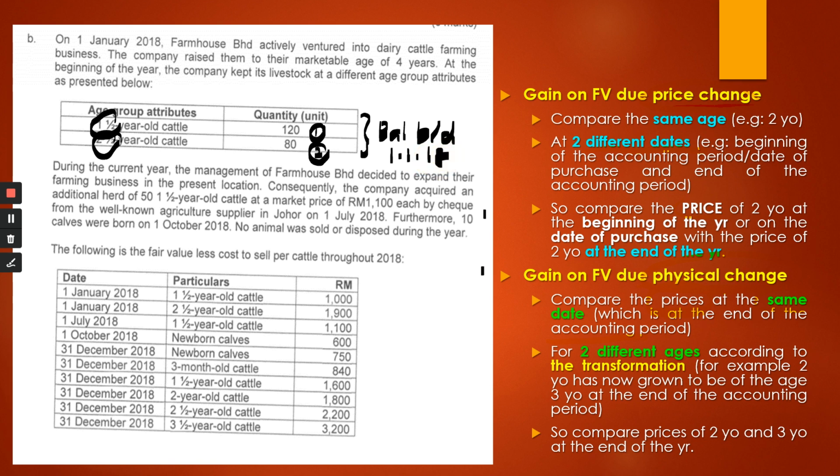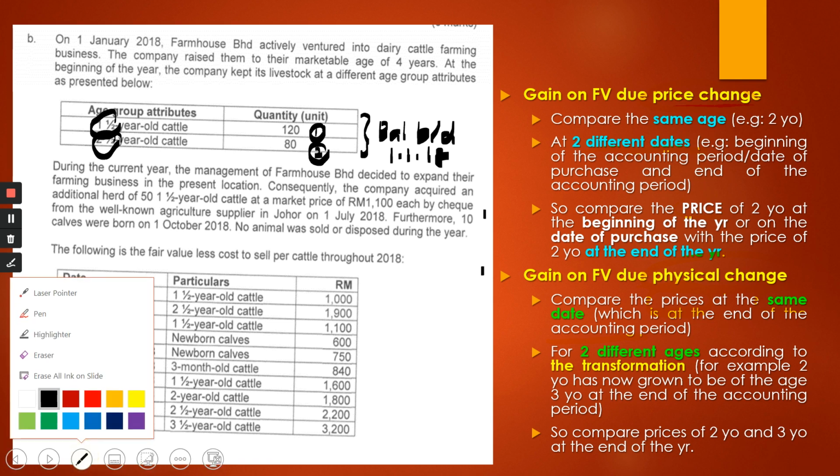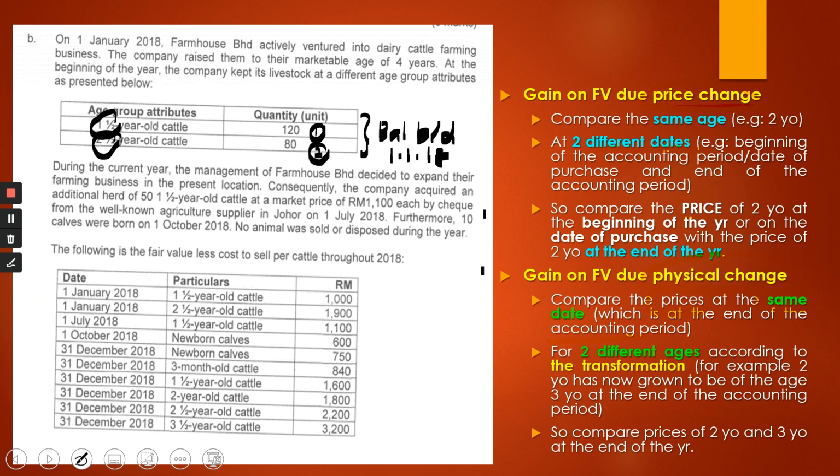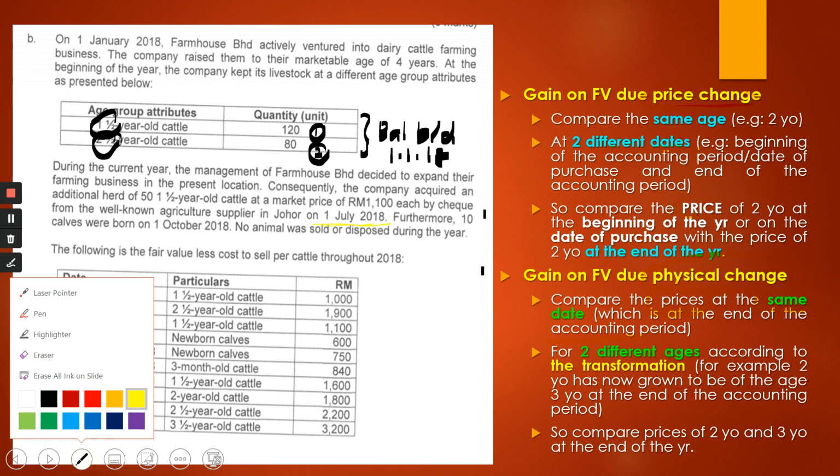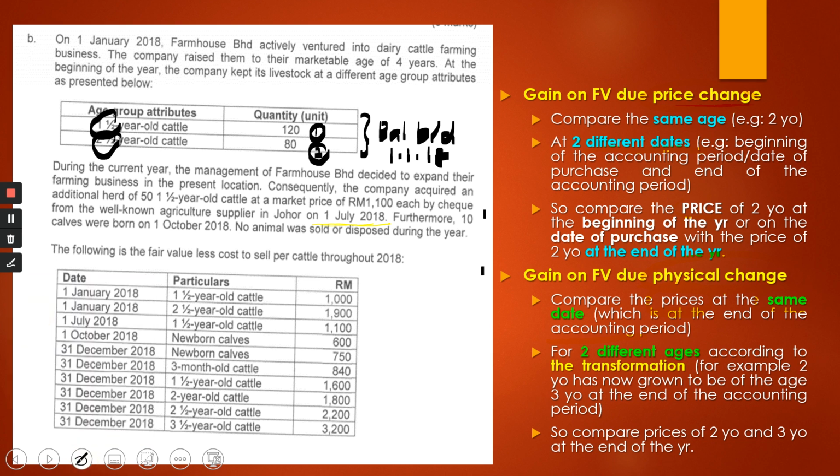However, you also have some acquisition that took place on 1st of July. This is 1st of July, and that was purchased at that time was a 1.5-year-old cattle.